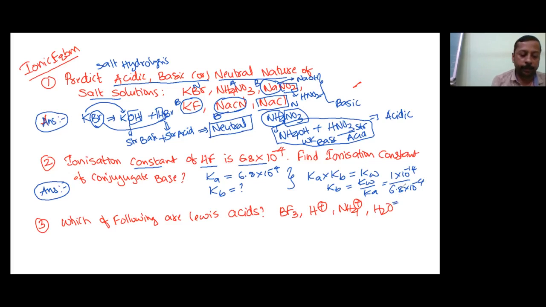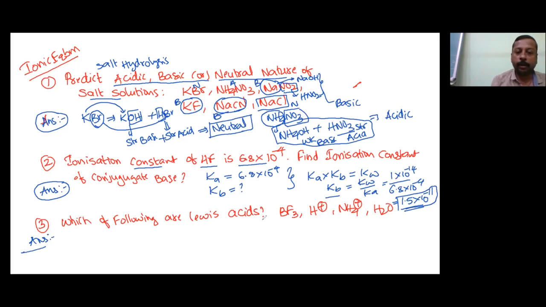On simplifying this, you will get 1.5 into 10 to the power of minus 11. So Kb, the ionization constant of the conjugate base, is 1.5 into 10 to the power of minus 11.